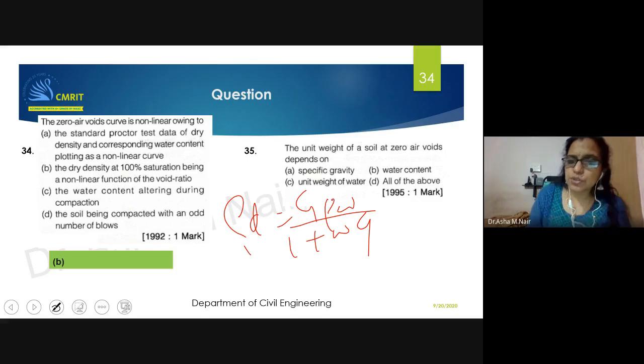So rho d is equal to G rho w by 1 plus wG. What is G? G is the specific gravity. Rho w is the unit weight of water, and w is the water content. G we have already told. So what is the expression? It will be all of the above.